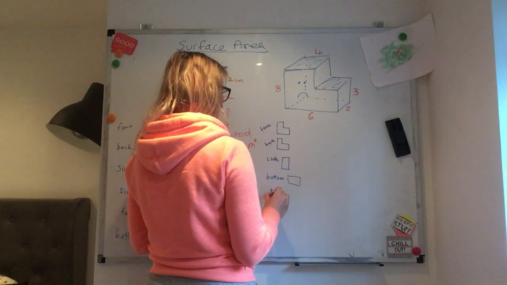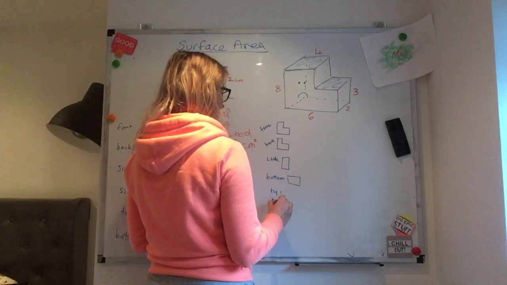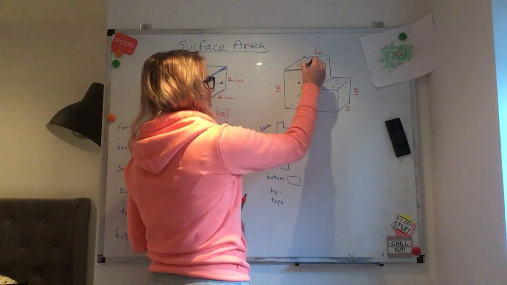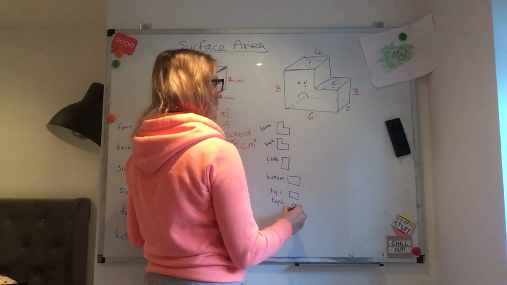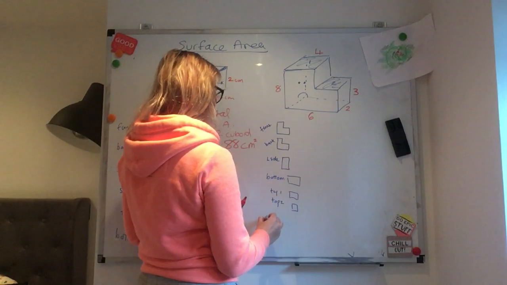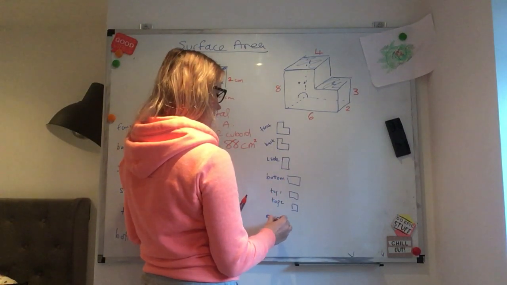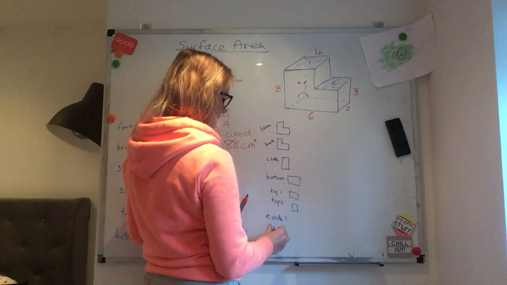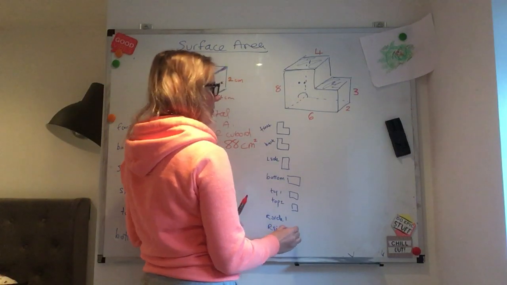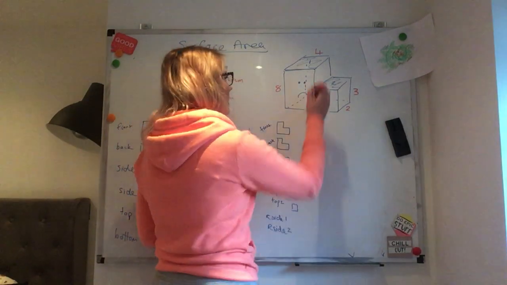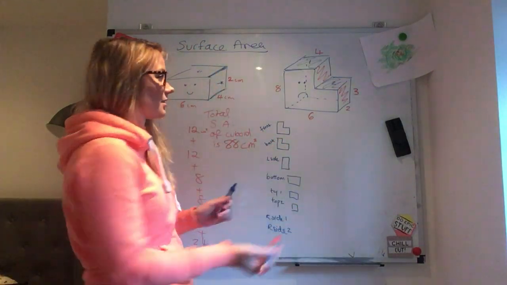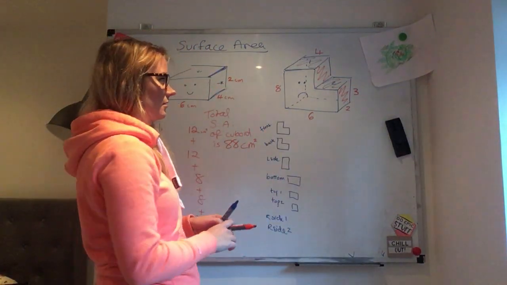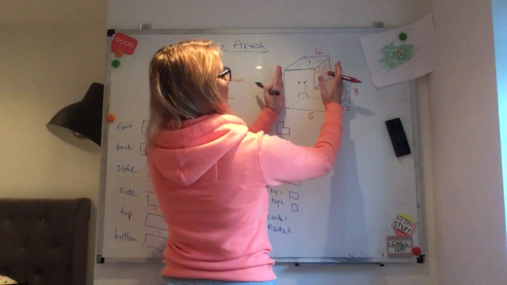Or I can say top 1 and top 2. I'll call this 1 and this 2. And then I've got right side 1 and right side 2. But again, this and this, they're the same as the left side. Because if I brought that over there, it's the same as that.